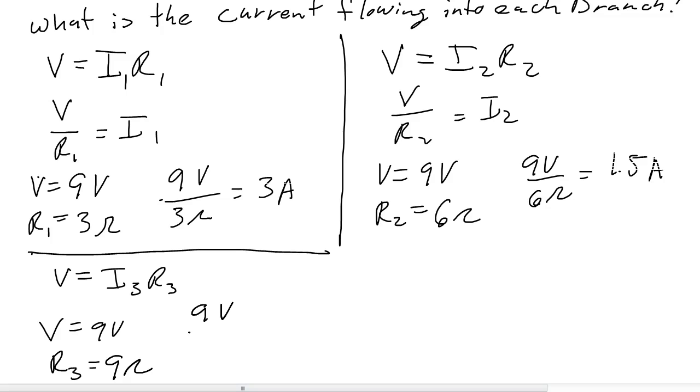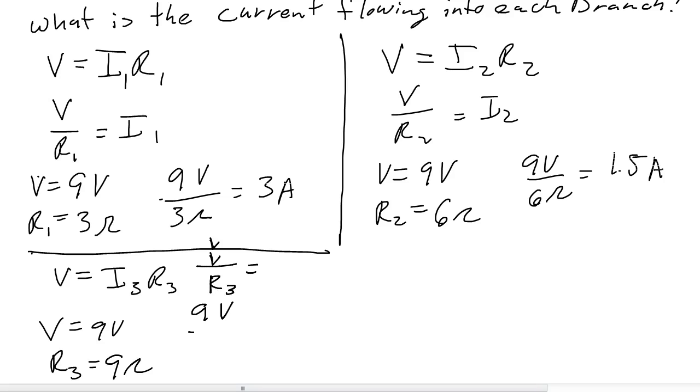So 9 volts. Oh, we need to move our letters around. V over R3 is equal to I3. So 9 volts divided by 9 ohms gives me 1 ampere.